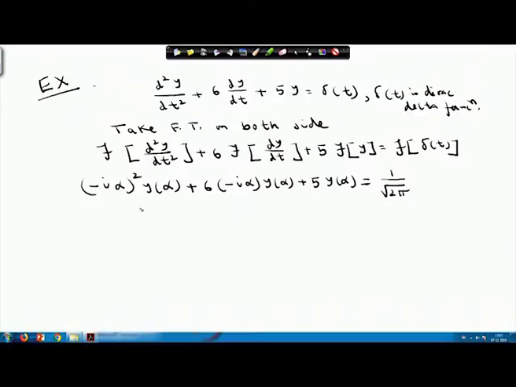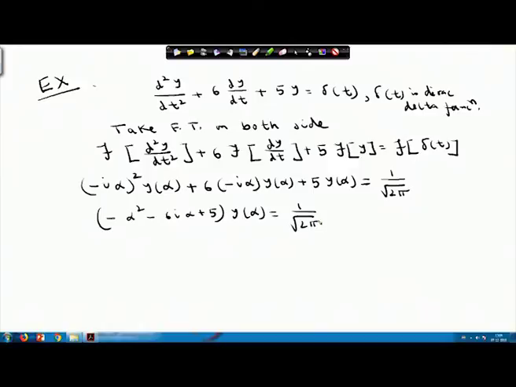So, I am getting this equation after taking the Fourier transform on both sides of the given equation, so that I can just take the common factor. It will be minus alpha square minus 6 I alpha plus 5 times y alpha, equal to 1 by root 2 pi.